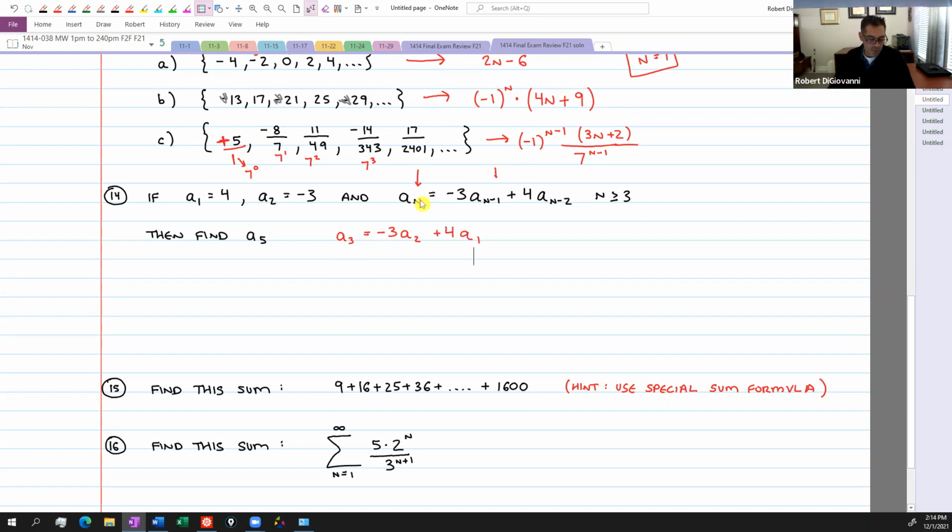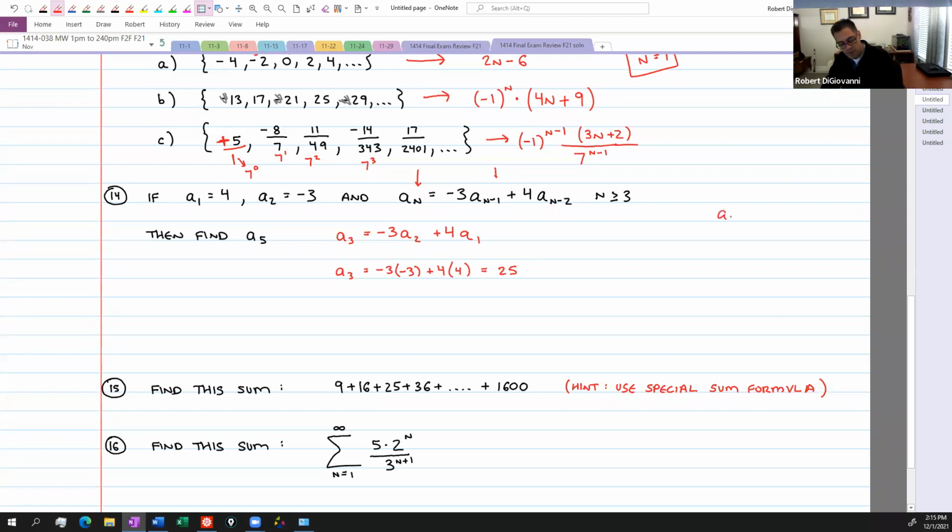So all I did there is replace the n with 3, put 3 in here, put 3 in here. And I know what A1 and A2 are. So this is A sub 3 equals -3 times A sub 2, which is -3, plus 4 times A sub 1, which was 4. So this is 9 plus 16 is 25. That's your 3rd term.